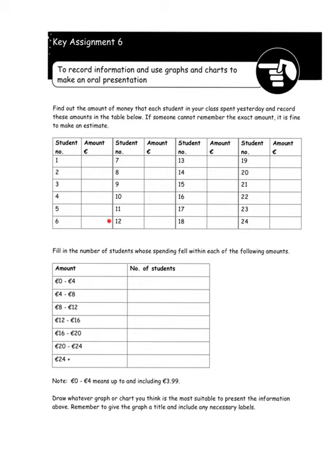Okay, so make it up, and then you can estimate basically. So we don't put €4.18, just round it: €4, €8, €20, €50, and so on. And then you can fill in the number of students here.